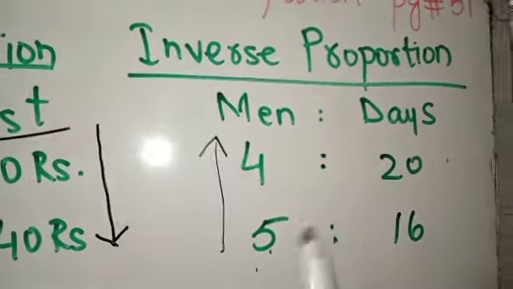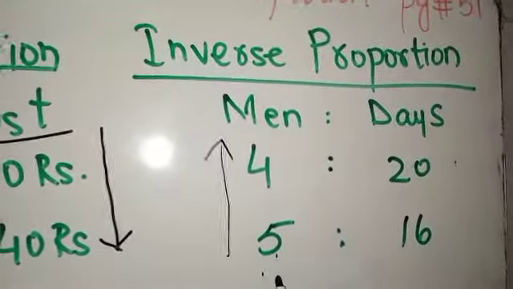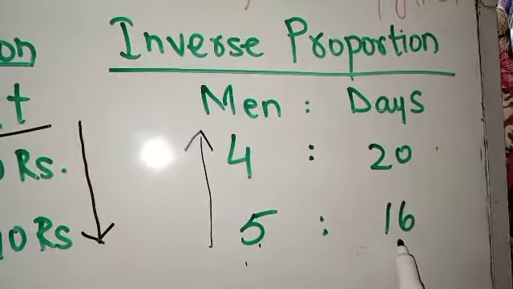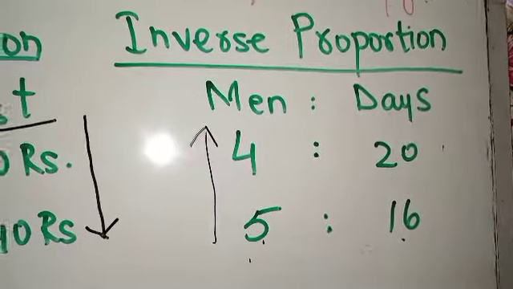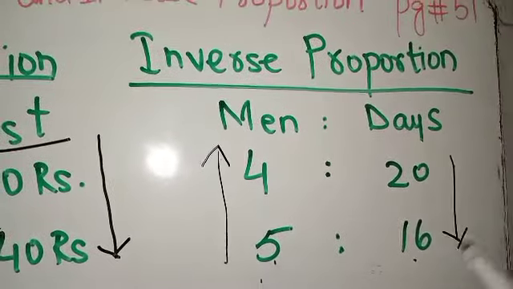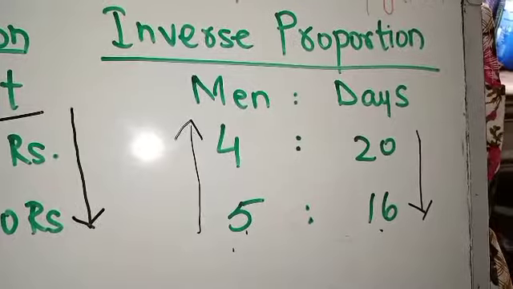So now definitely when I increase the men doing the same job, they will require fewer days to finish the same job. Okay, so this is inverse proportion. How is it inverse proportion?